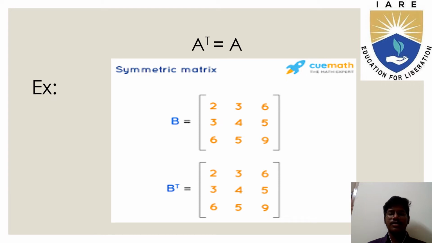Then also we find the same matrix: the first row is 2, 3, 6, the second is 3, 4, 5, and the last is 6, 5, 9. We can find the same matrix. That means this condition is satisfied, that is B equal to B transpose.